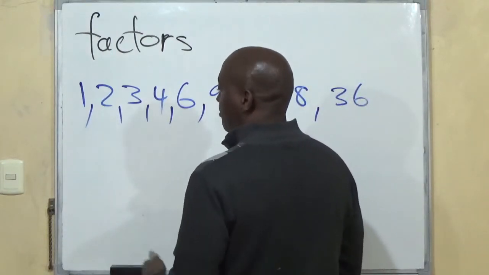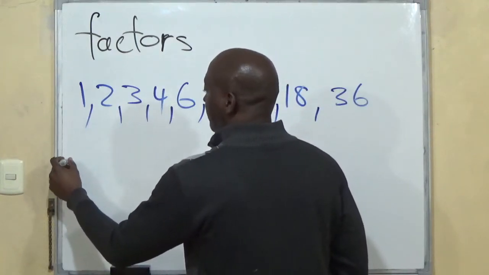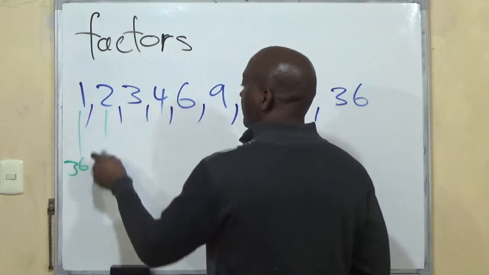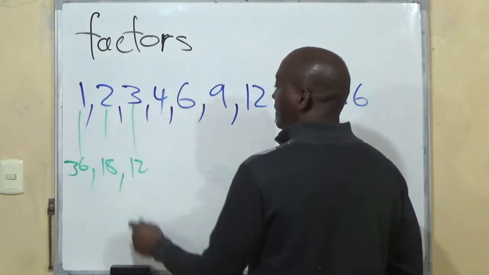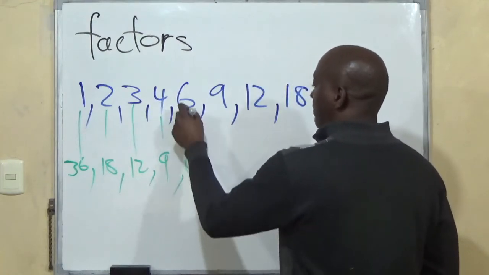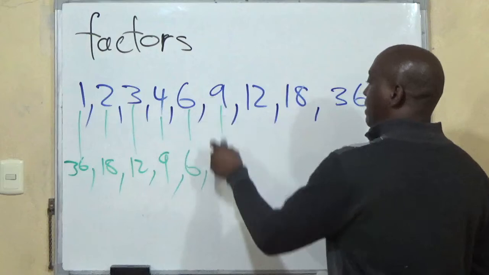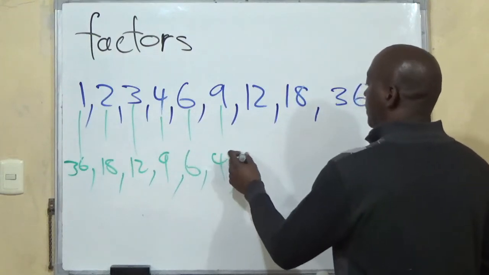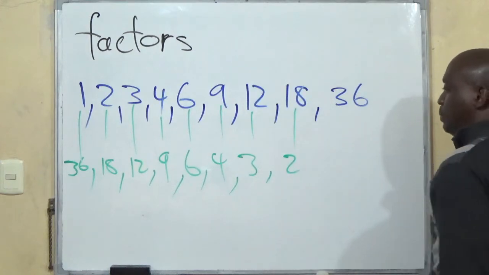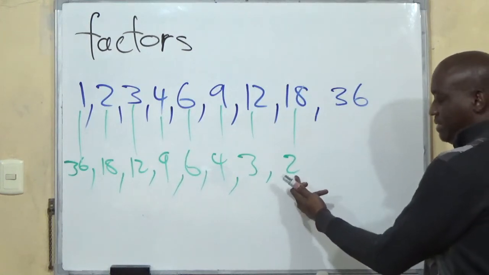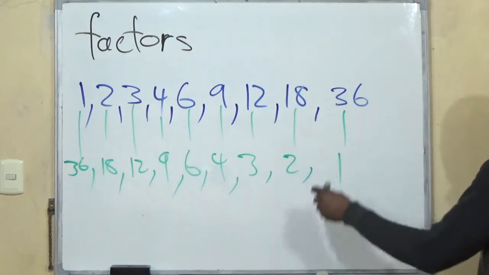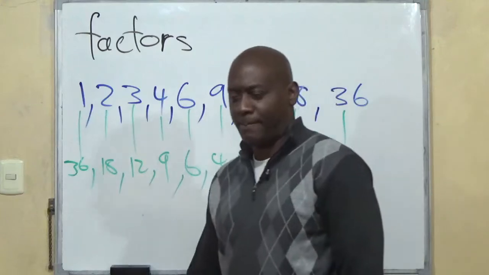I'm leading up to a particular point here. 1, we multiply by 36 to get 36. 2, we multiply by 18, right? 3, we multiply by 12 to get 36. 4, we multiply by 9. 6, we multiply by 6. 9, we multiply by 4. 12, we multiply by 3. 18, we multiply by 2. So there's nothing smaller than this, except to say that 36, you multiply by 1 to get 36.